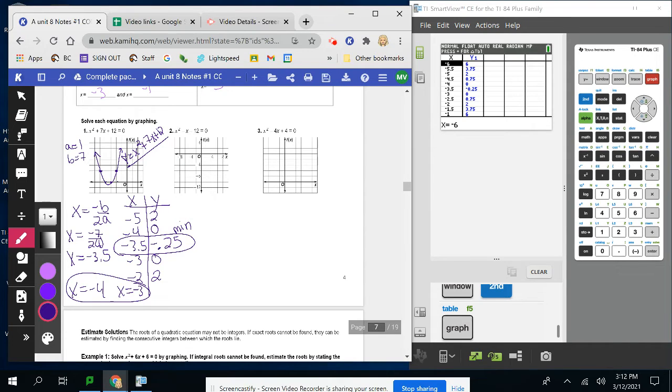So I plotted my other points: negative 5, 2; negative 4, 0; negative 3.5, negative 0.25; negative 3, 0; and negative 2, 2. My solutions are where y is 0. So it's x equals negative 4 and x equals negative 3.